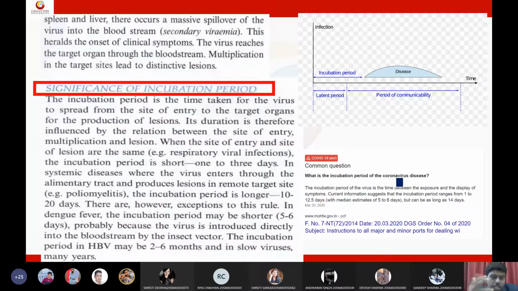Okay, so both are the same only. The single cell that I have shown in the previous slides is a target cell. To reach the target cell, a virus requires a certain time period, and this time can be stated as an incubation period.